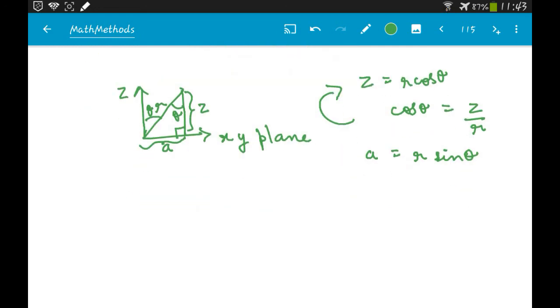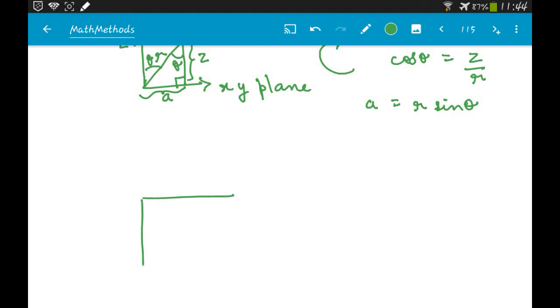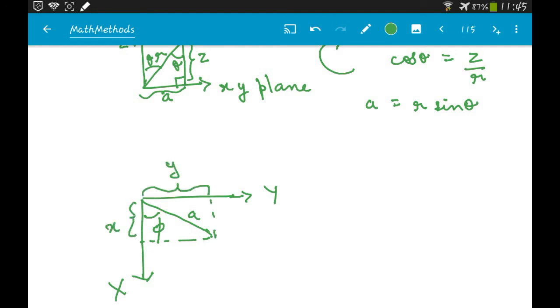Now the next would be, let's break down the bottom part. So this is y, this is x, and we have A, and this is making an angle phi with the x-axis. We can write x is equal to A cos phi and y is equal to A sin phi.